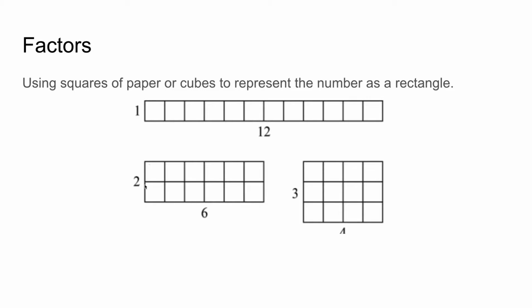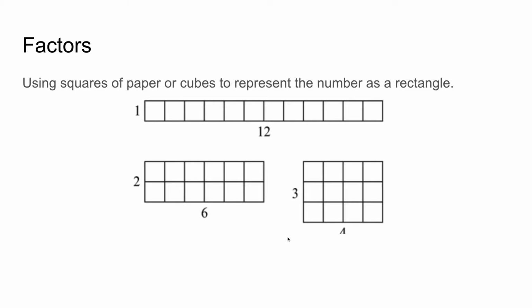We can also have 2 by 6 or 6 by 2, or we can do 3 by 4 or 4 by 3. So all of these are the combinations that we can have to make 12 as the product. So we call 1, 12, 2, 6, 3, and 4 factors.